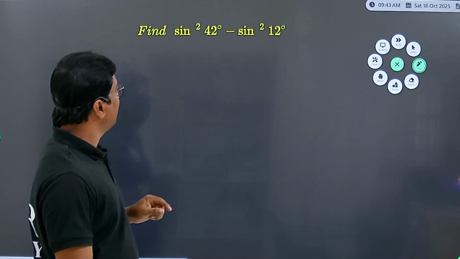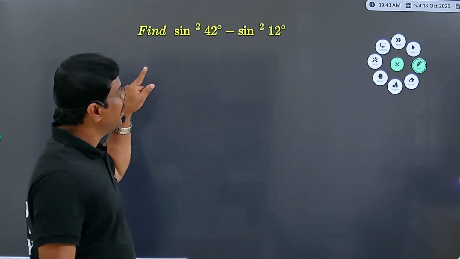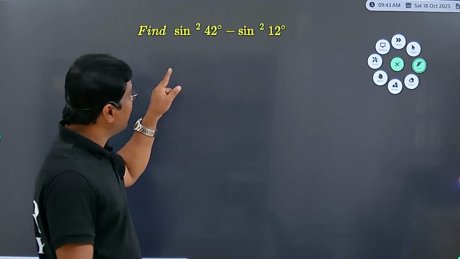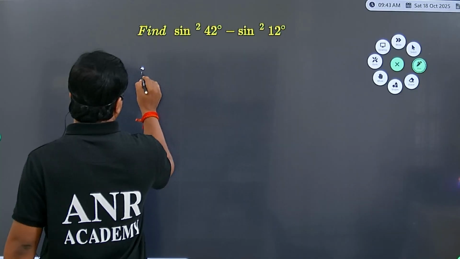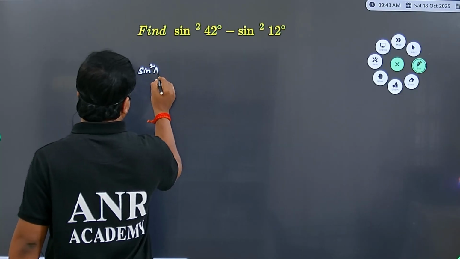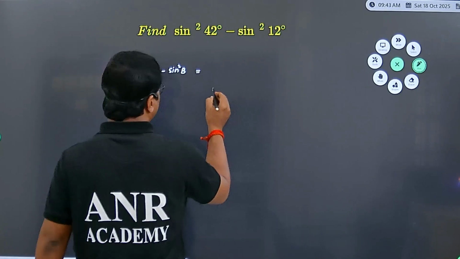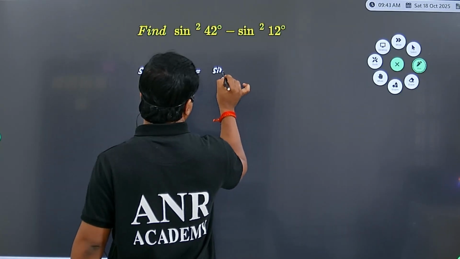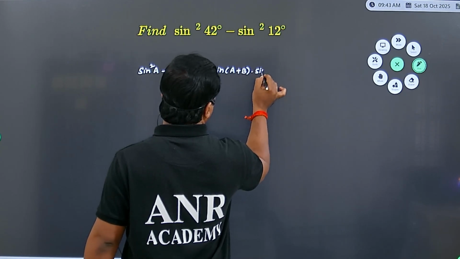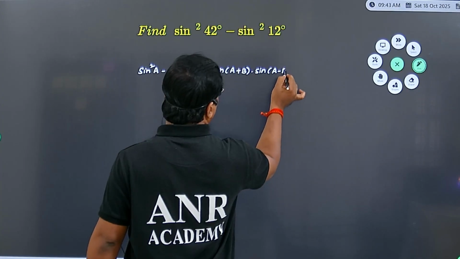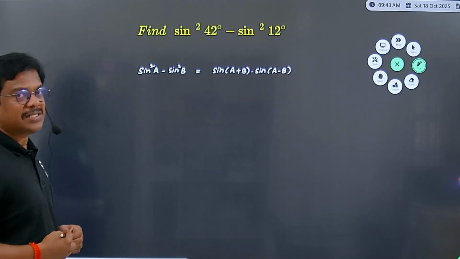See this one. The question is, find the value of sin square 42 degrees minus sin square 12 degrees. Here you need to apply the formula sin square a minus sin square b, which is sin of a plus b into sin of a minus b. Here a, b values 42 degrees, 12 degrees, substitute.